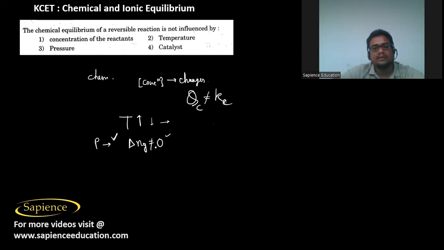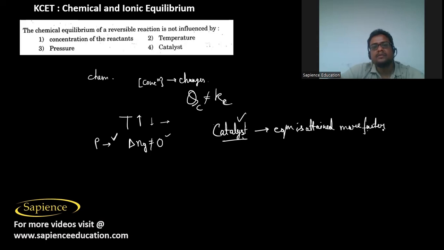And a catalyst will not influence the equilibrium, it will simply increase the rate at which the equilibrium is attained. If a catalyst is used, the equilibrium is attained faster. So the equilibrium will not be influenced. So option 4 is the correct answer.